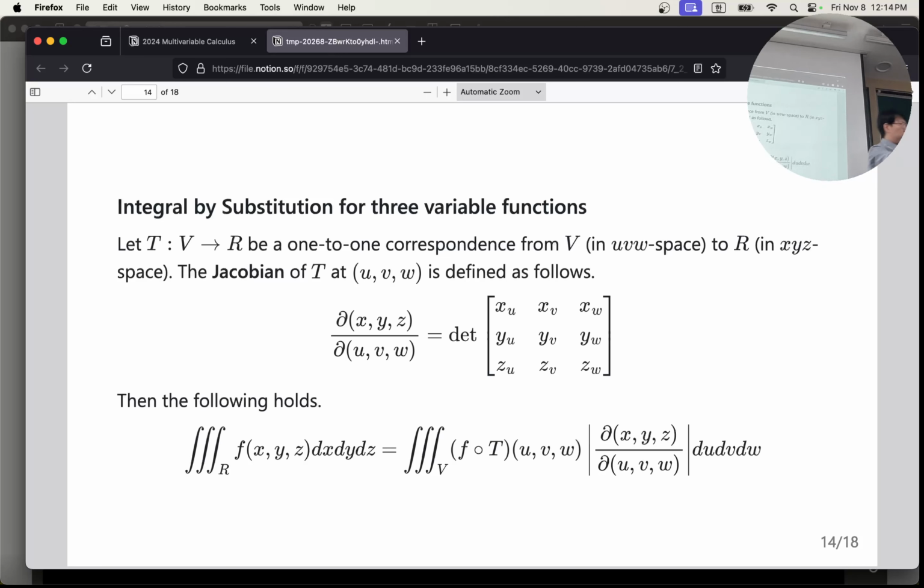As we mentioned on the very first day of our class, when you take the columns or rows of a 3x3 matrix, the absolute value of the determinant is the volume of the parallelepiped. So this Jacobian is approximately the ratio between the cubic region inside UVW space and the parallelepiped bounded by the image of the vectors. That's why we have to multiply by this Jacobian here.